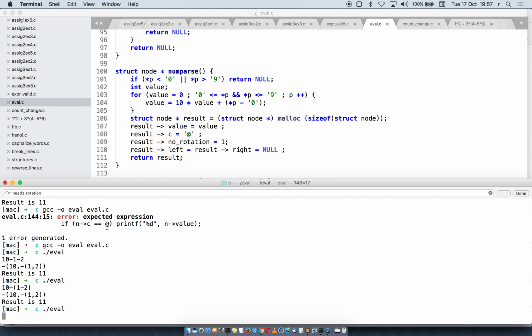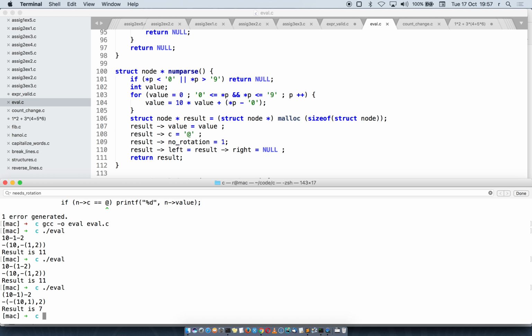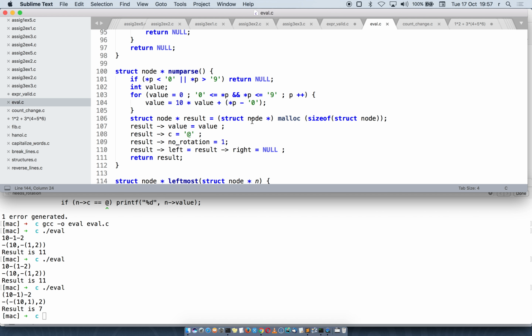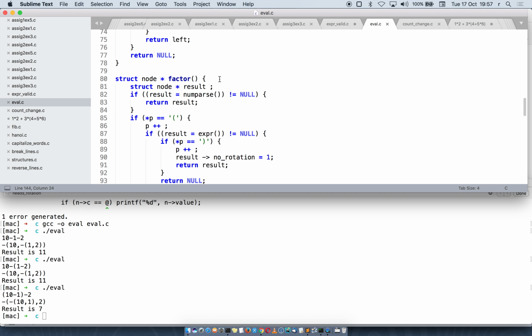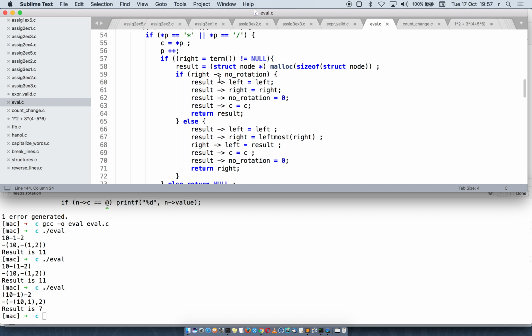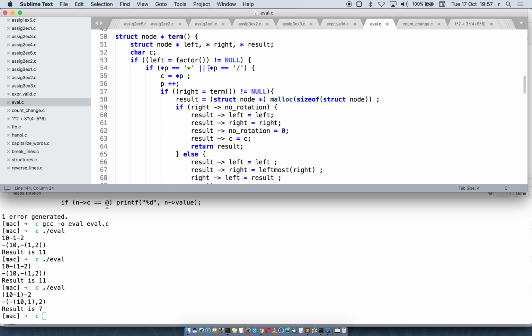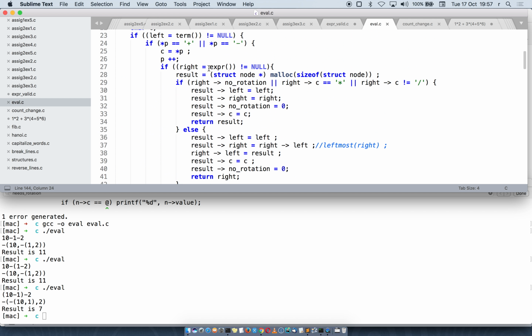This is correct. If I say 10 minus 1 minus 2, this is correct. So when I go here, in the expression, right? So I should have no rotation.